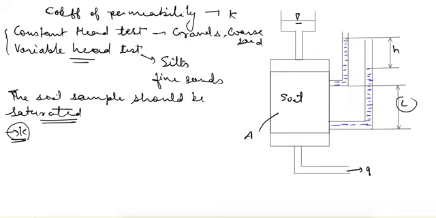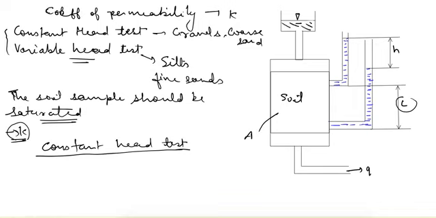So first let's see the constant head test. It is called the constant head test because a constant head is maintained over the soil sample. We put a soil sample in a tube and insert piezometers at two different points.